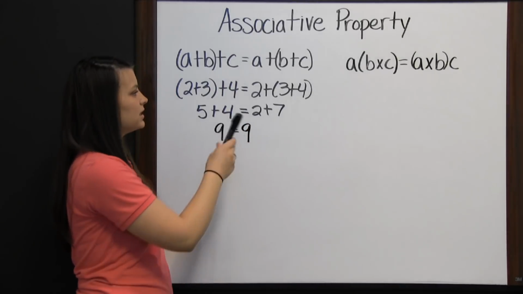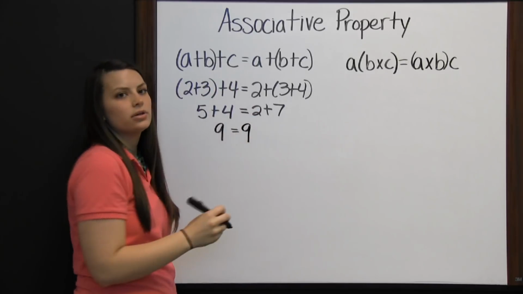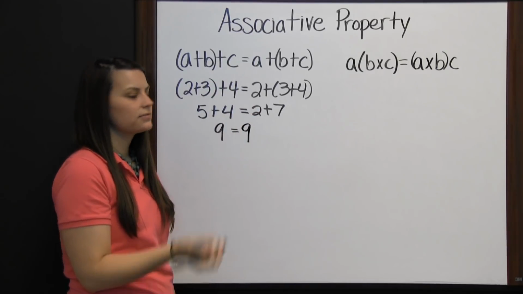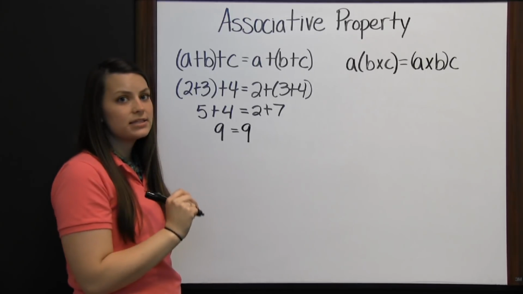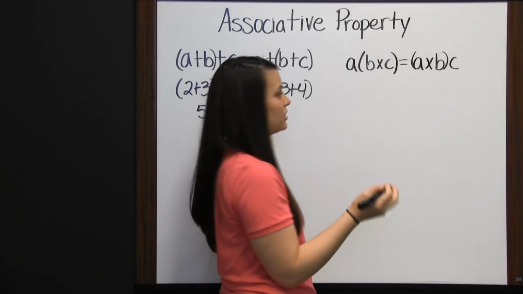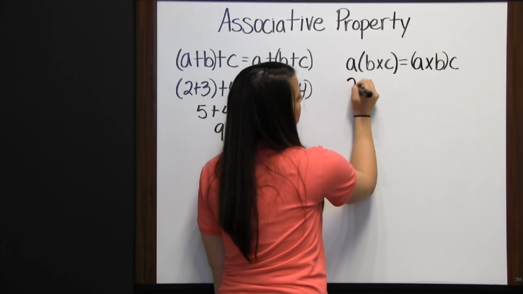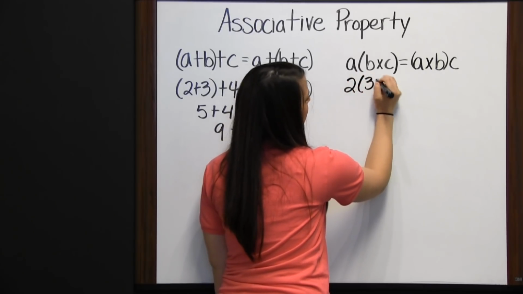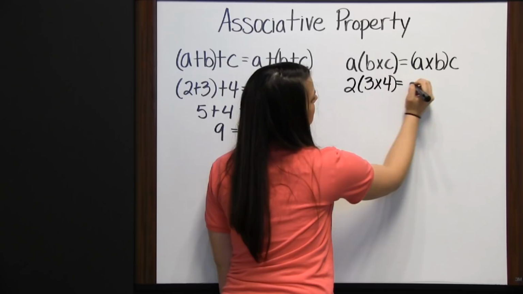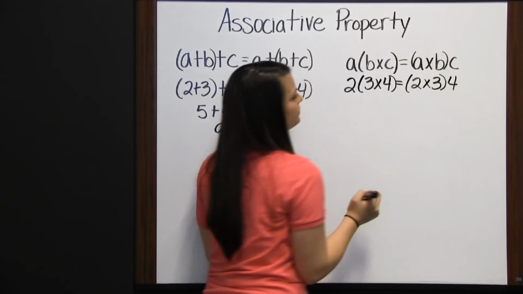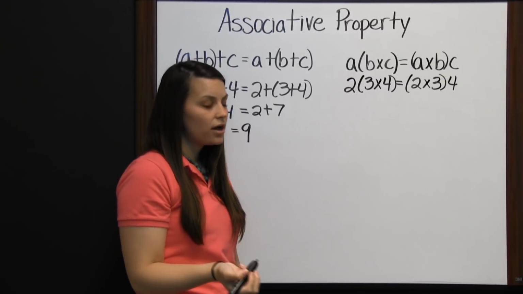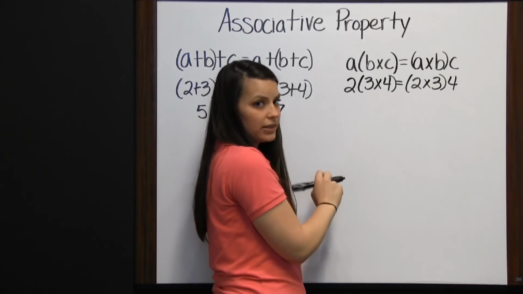So you can see it doesn't matter which terms we add first. Since we're doing addition, it doesn't matter what we do first. Let's see what happens when we do the multiplication side. So again, I'm going to use (2 × 3) × 4 is equal to 2 × (3 × 4). According to PEMDAS, we have to start inside our parentheses.